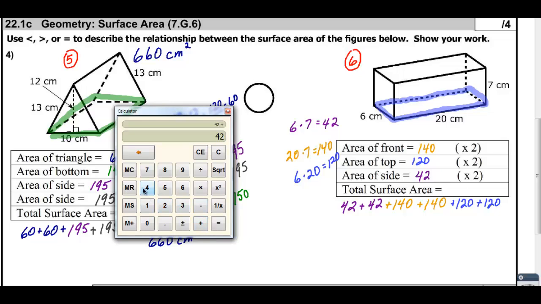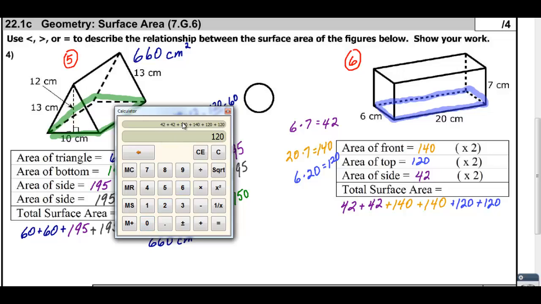42 plus 42 plus 140 plus 140 plus 120 plus 120.